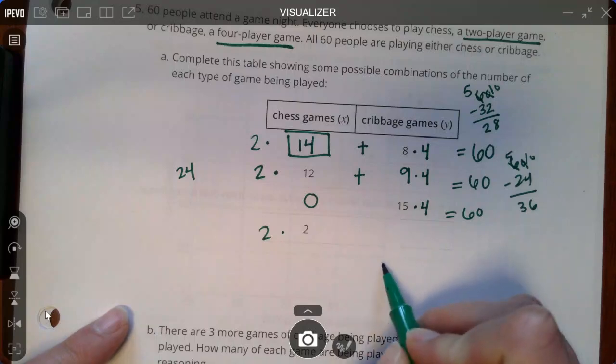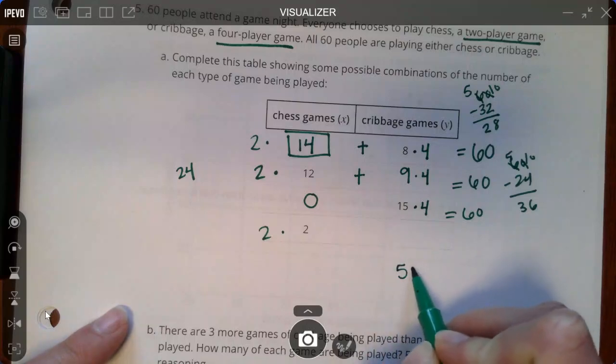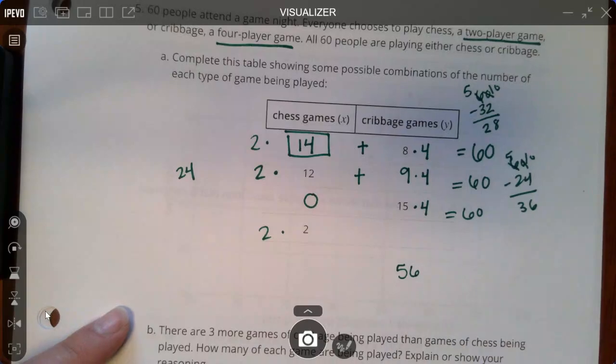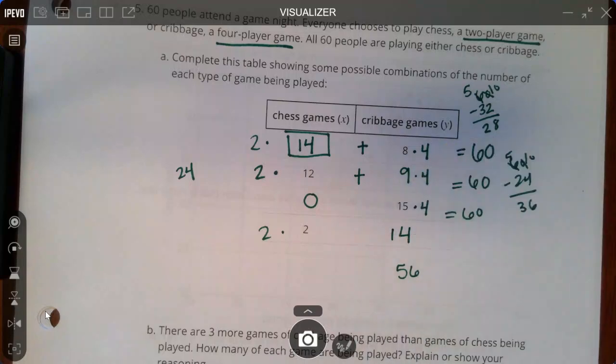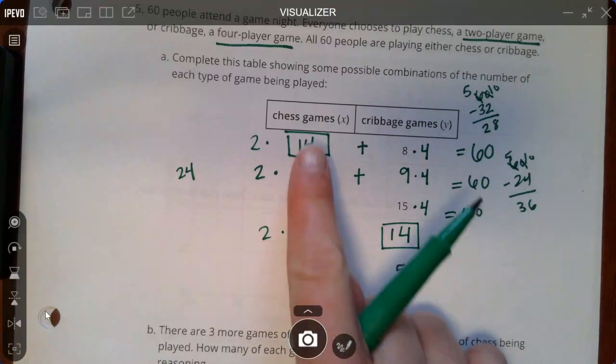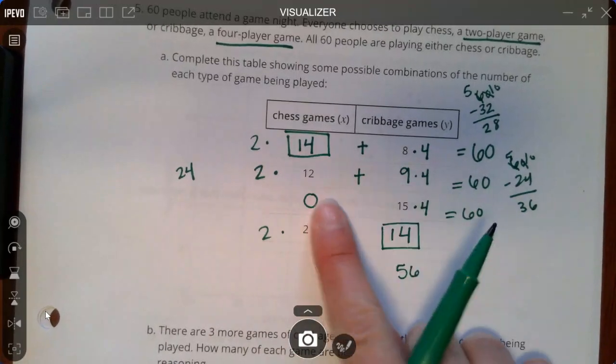That means there's a total of 56 people playing cribbage. So 56 divided by 4, I get 14 games of cribbage being played. Each of these boxes were points, so you should have 14, 9, 0, 14.